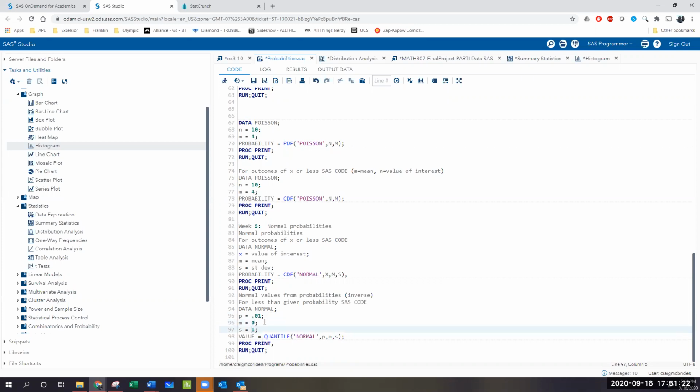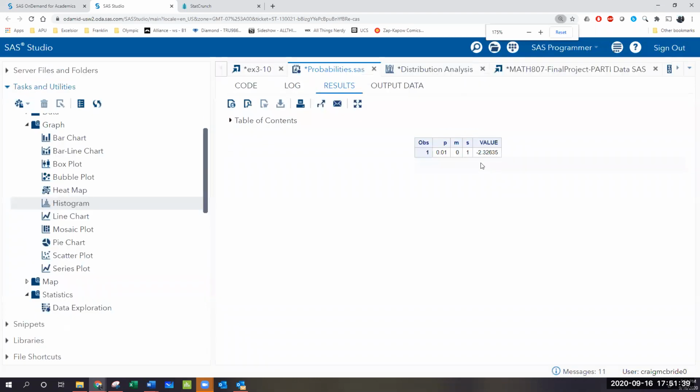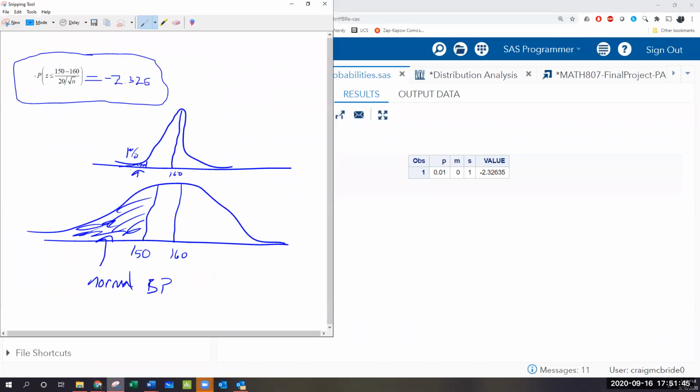This will give us a z-score because a z-score is always on the standard normal curve, and the standard normal curve has a mean of 0 and a standard deviation of 1. If we run this, you get the negative 2 point, I know it's hard to see. You get that z-score. So what that tells us is that we're looking for a z-score of negative 2.32635.